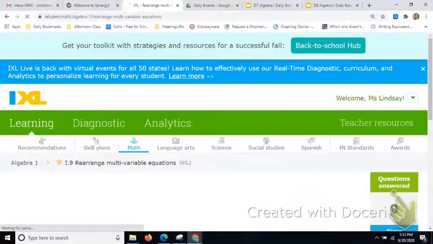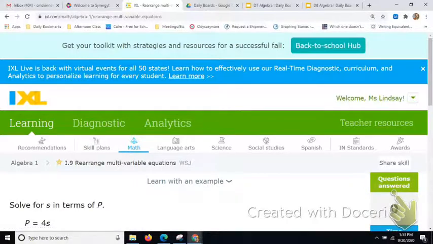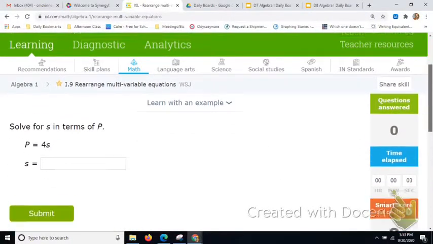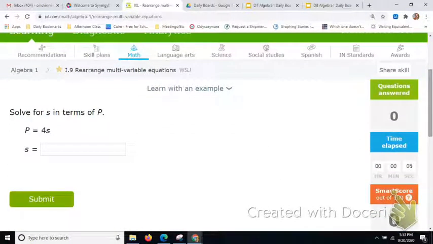This is about rearranging multivariable equations, which is the same thing as saying solve a literal equation. So you always want to be sure that you pay attention to what's being asked. It's asking for P, solve for S in terms of P. So solve for S is the one we want by itself. P was already by itself, so that's not going to be what we want.